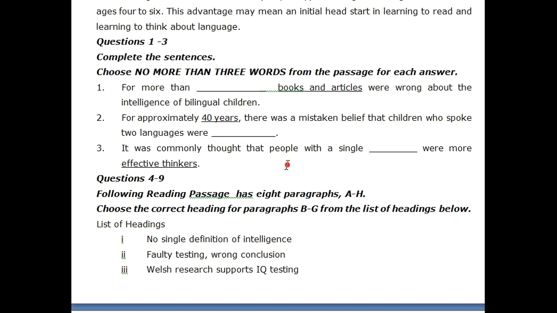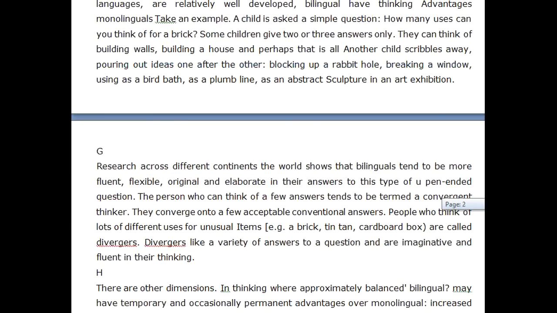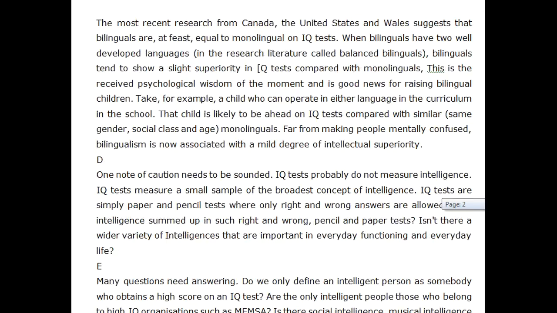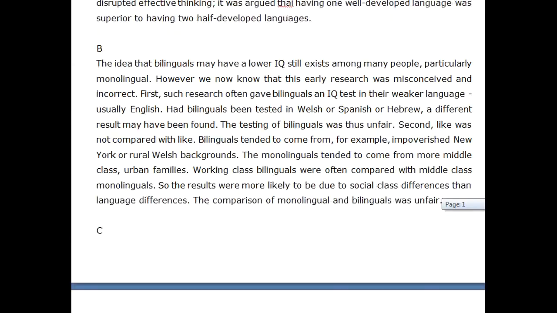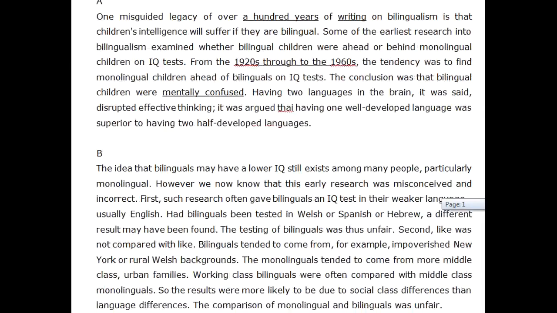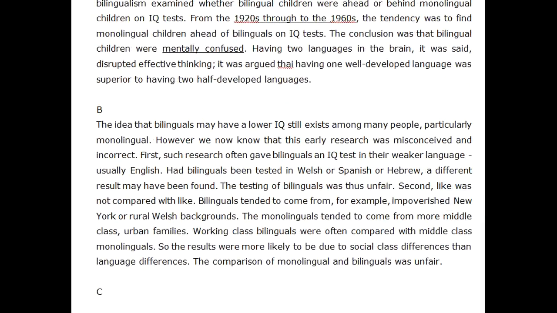Perhaps the word single can also help you in finding the final answer. Let's see. Having two languages in the brain, it was said, disrupted effective thinking.